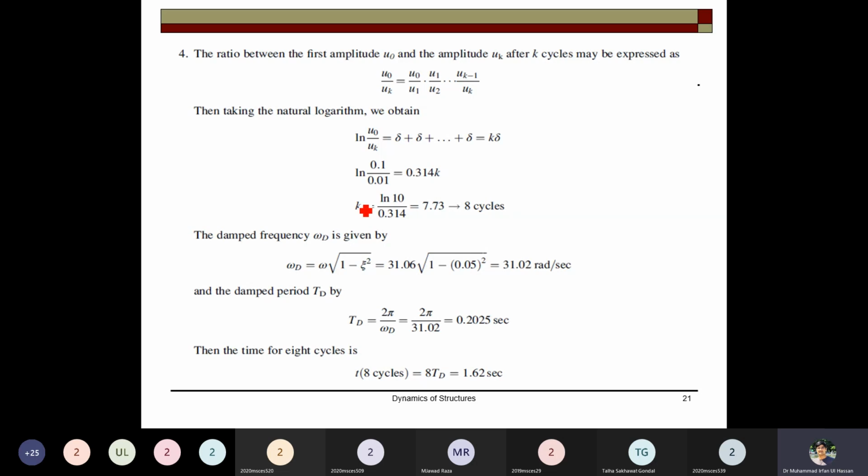So e raised to power 2 pi zeta divided by root of 1 minus zeta square. You can find out any ratio of the successive amplitudes of vibration. This way you can find out the unknown parameters.